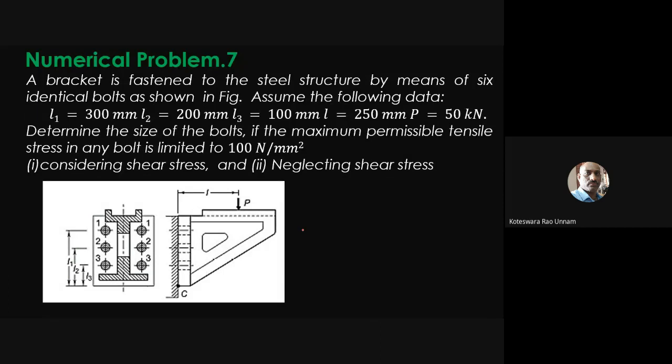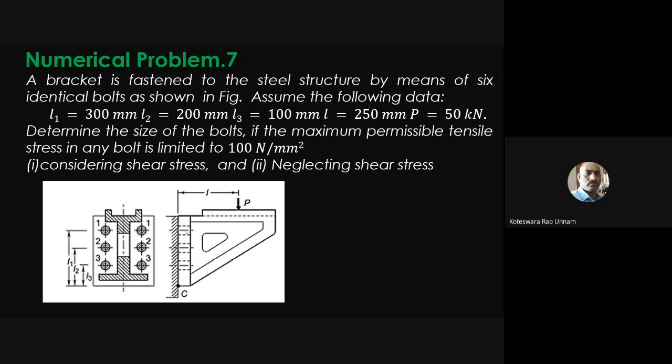If you include the shear stress also, what is the size of the bolt? Because here the tensile stress due to bending is going to be very large compared to the shear stress, you can ignore the shear stress. That's why he has given two problems here. Anyway, we'll see the value of the diameter if you consider the shear stress, and the size of the bolt if you ignore it.